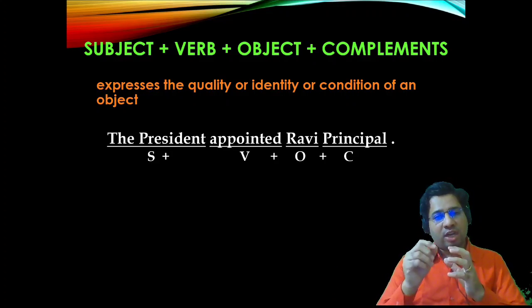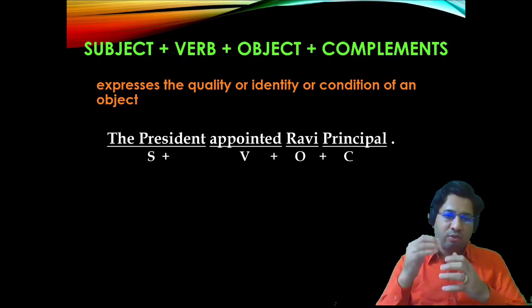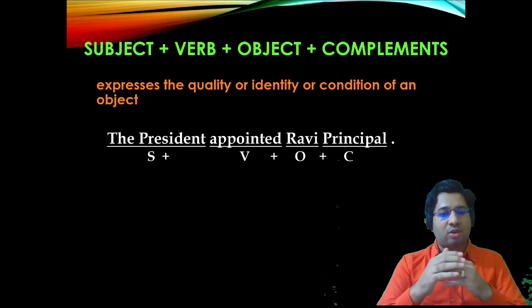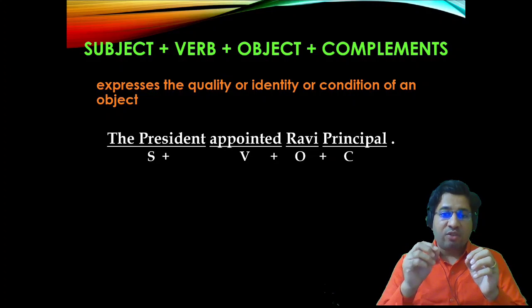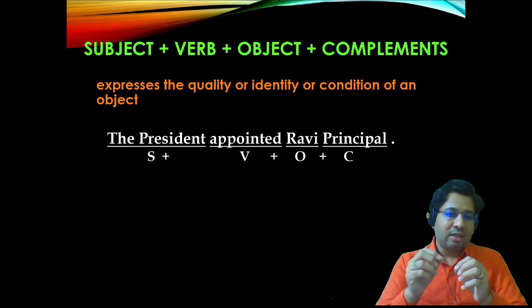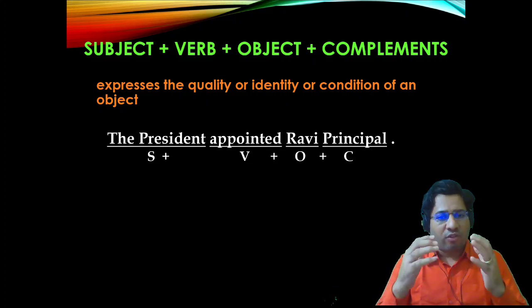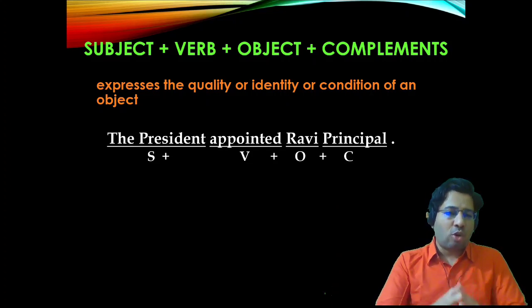So we need to understand complements first. What do you mean by complement? The words required to complete the meaning of a sentence are called the complement of the sentence. The complement which expresses the quality or identity or condition of an object is called an object complement.